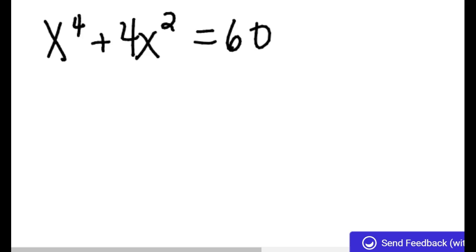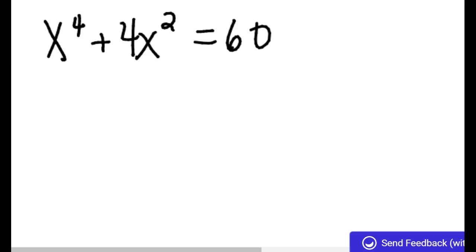Remember, with reducible equations, the goal is to make a substitution for the variables so that we can change the format and make the new equation look like a quadratic. Here we have a degree of 4, so this is really a quartic, but we want to reduce it and make it look like a quadratic.